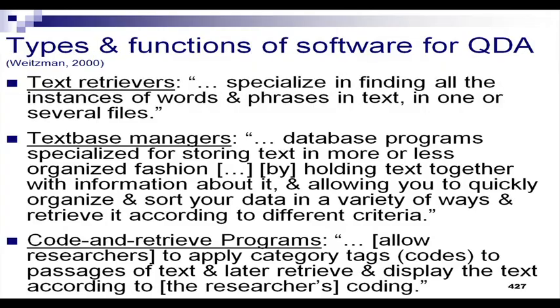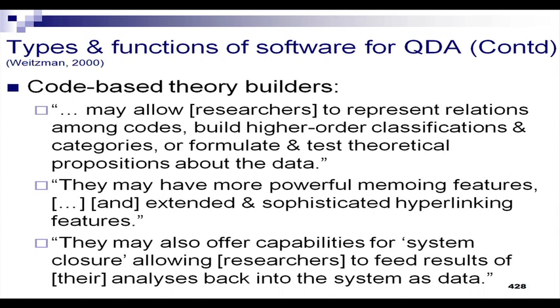So, it's collecting information, it's retrieving the text, then it is managing the database of text, it is coding and retrieving programs. Then we have code-based theory builders. So, after the coding has been done, the codes have been applied, the analyses have been retrieved, code-based theory builders make these relationships.